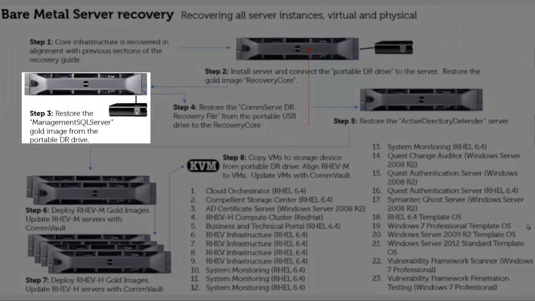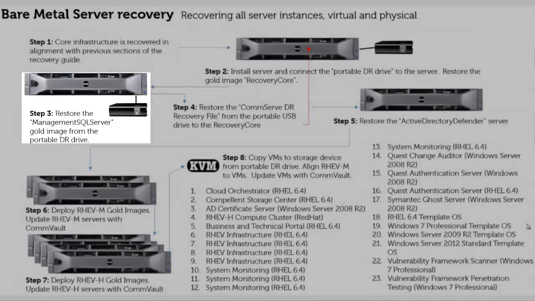We then move down to step number three. On another physical server we install, and remember, these are generic physical servers from the factory, we restore the management SQL server from another gold image that resides on the portable DR drive.